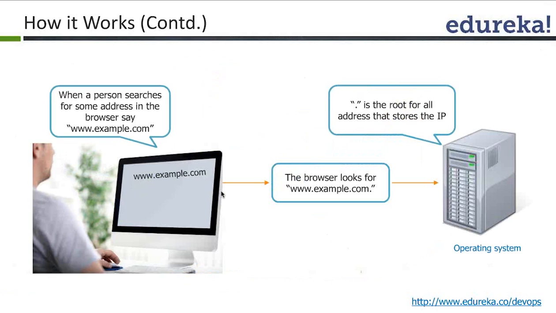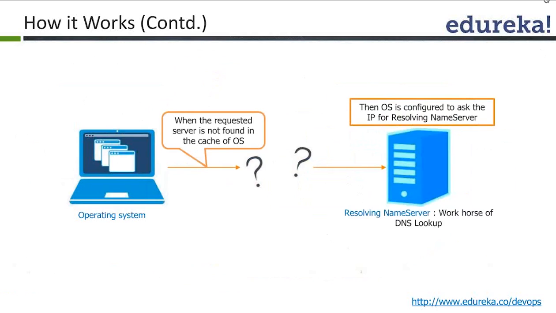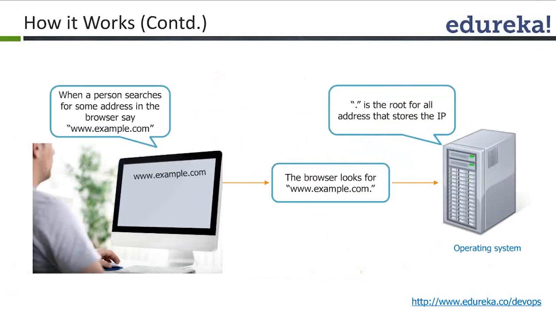The authoritative server is what is under your control, right? You create and maintain the authoritative server. Now, what is an authoritative server? It is nothing but a DNS server that you as an organization maintain.